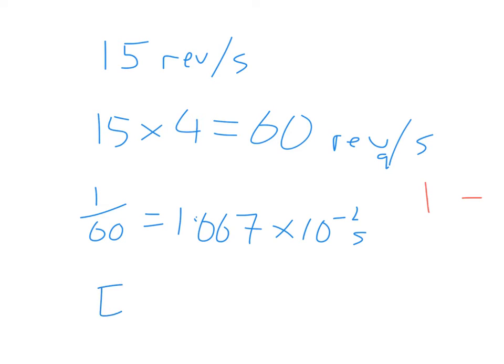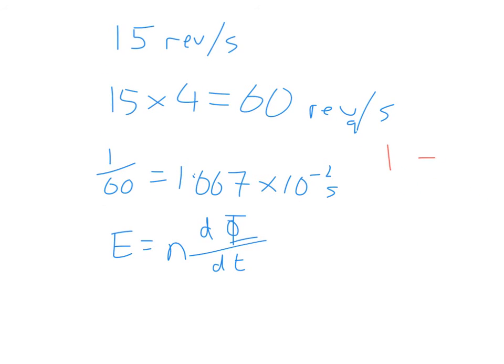So our induced EMF is equal to N, the number of coils, times the change in magnetic flux, divided by the change in time taken for that magnetic flux to change. Filling that in, we know the number of turns in the coil is 1. We know that the magnetic flux change is 1.275 × 10 to the minus 2.